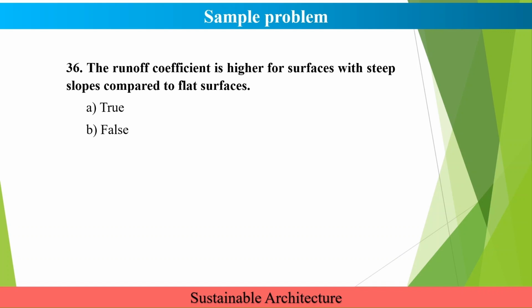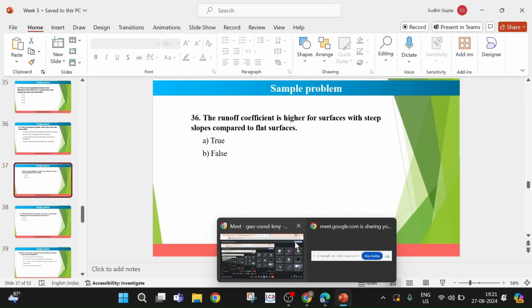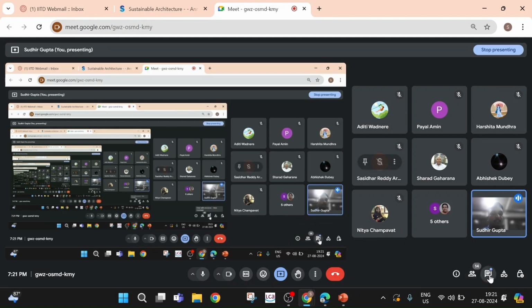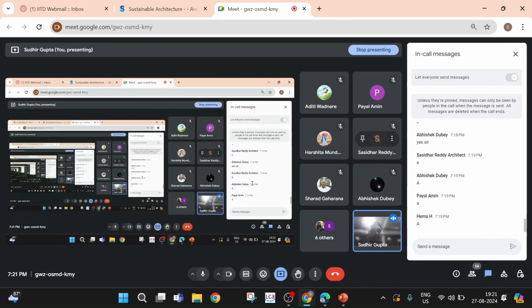So try to give answer to this question based on your understanding. Then we will be seeing if it is clear to all of you, then we will move to the next question. Or else, if somebody is having some other point of view, then we will be having discussion on this particular question. So till now, I think 4 of you have answered.